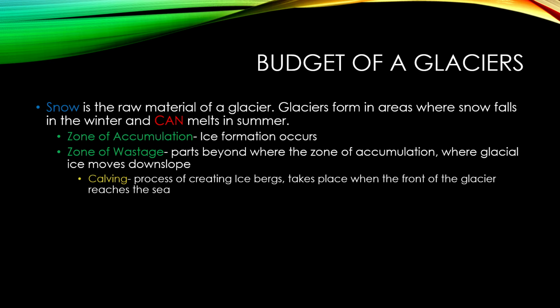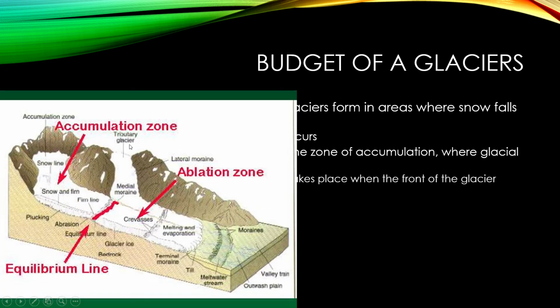And then calving is also the process of creating icebergs. If your glacier meets the sea, eventually your ice will break off and turn into an iceberg. So this is how it is.